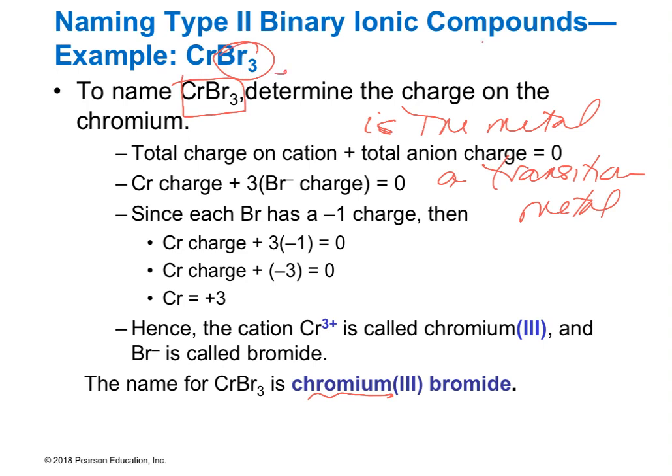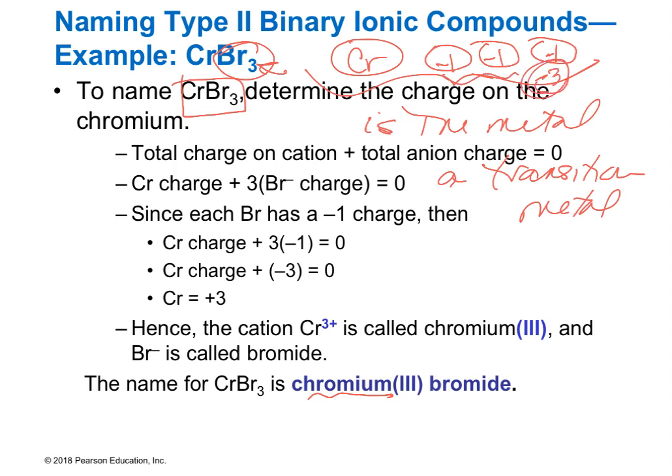So you have 3 bromines. Bromine is in group 7A, so I know the common ion charge those elements have is -1. And then I only have 1 chromium, but this overall compound has to be neutral. It has to be equal to 0. So my total negative charge is -3.